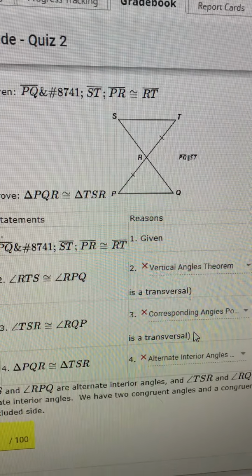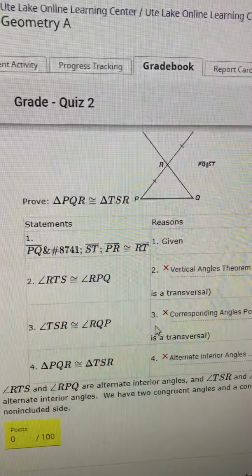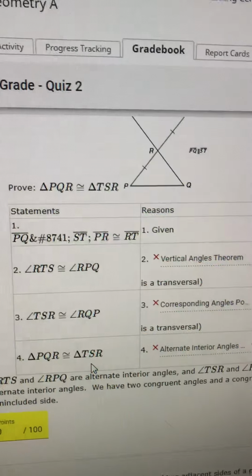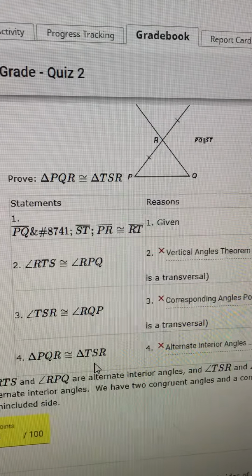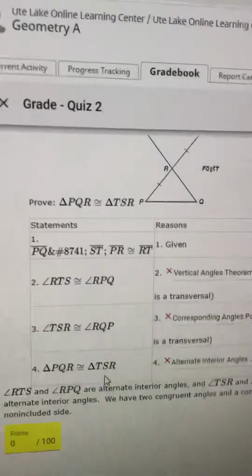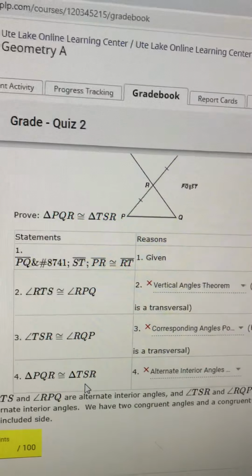The whole point of all of this is to come up with one of the triangle ones. They're asking why the triangles are congruent. It's going to be side, side, side, angle, side, angle, all that good stuff.